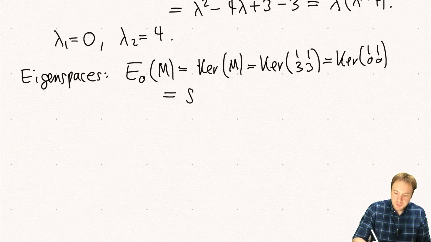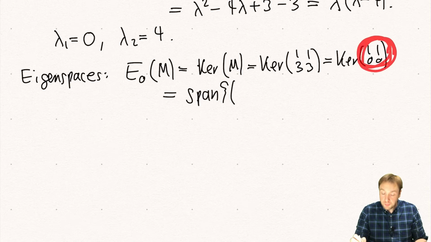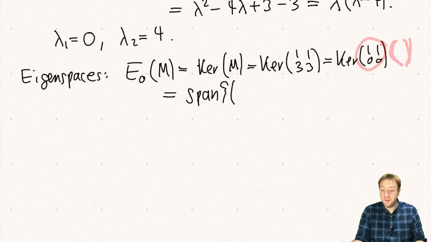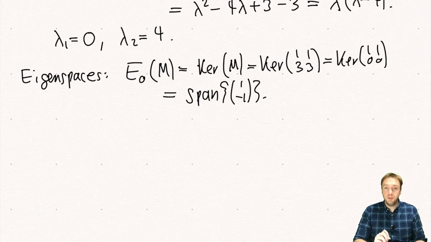And this is a span. Well, what is the kernel of this? So, in other words, what vectors can I multiply here with this matrix such that I get 0? And clearly I need to have that the first entry is the negative of the second entry. So this is exactly the span of the vector 1, minus 1.